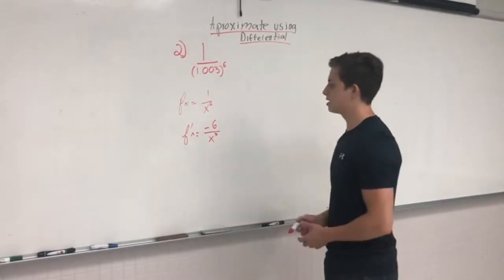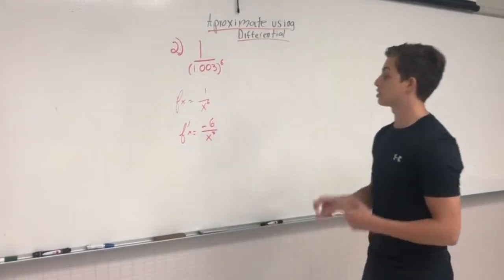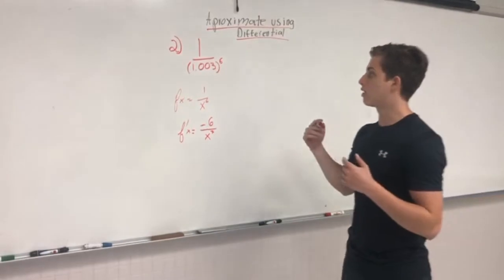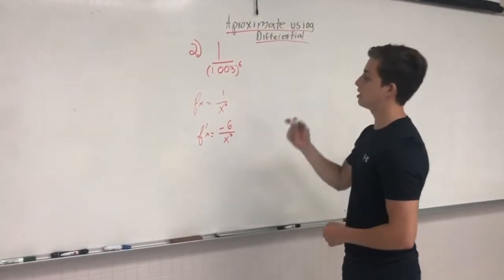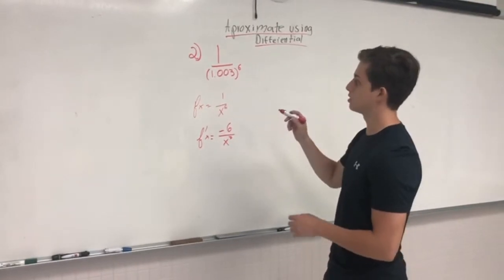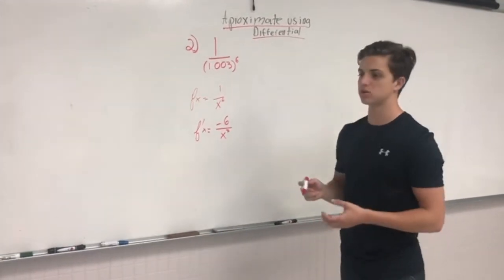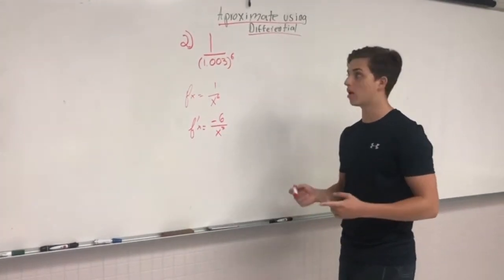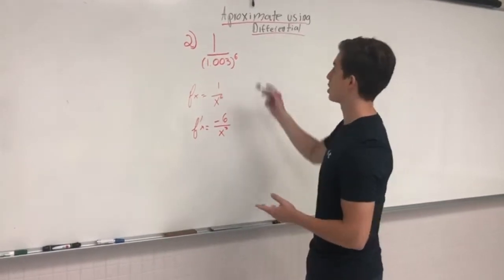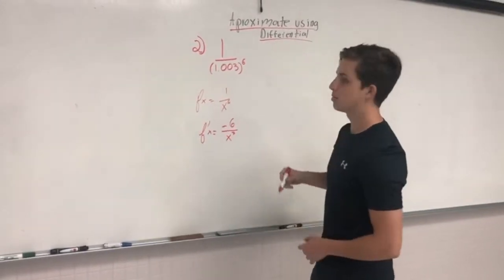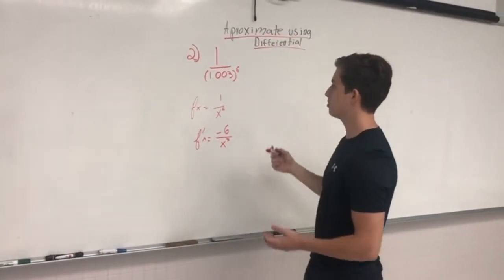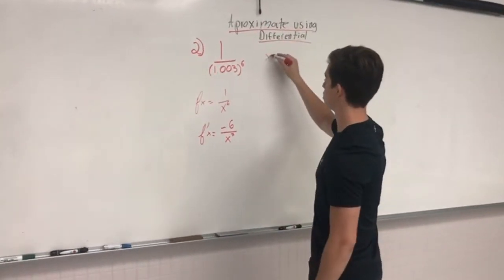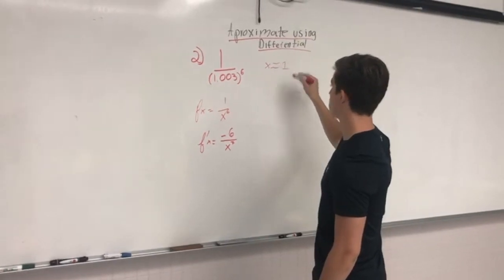So now that we have this, we have to find out the approximate value of our number, which is this of our x. So the x is 1.003, which is a number that's really close to 1. So we can interpret this to get the approximate value by doing the problem with x equal to 1.